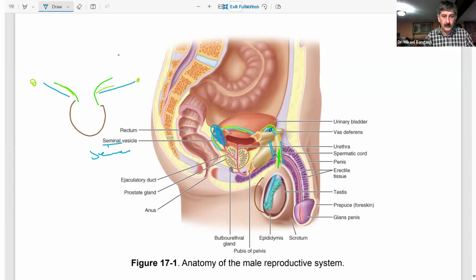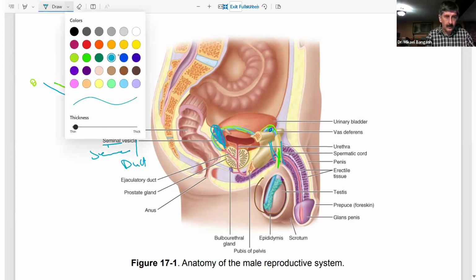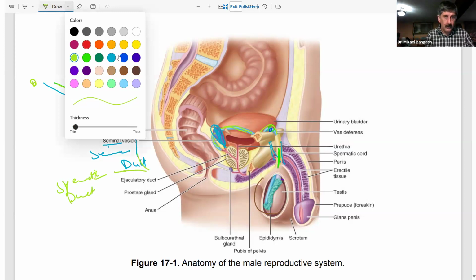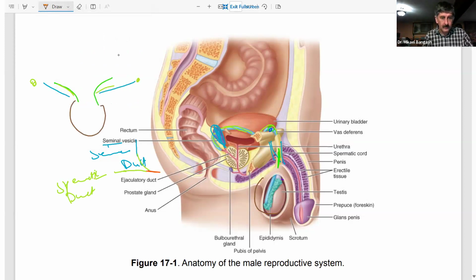Now we have the duct from the seminal vesicle and the spermatic duct. These two mainly will join and become what you can call the ejaculatory duct, which runs in the prostate.